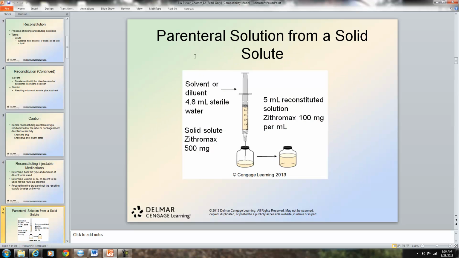Now, parenteral solution from a solid solute. So we are using Zithromax. And it says to use 4 8/10 milliliters of sterile saline, or sterile water, excuse me.